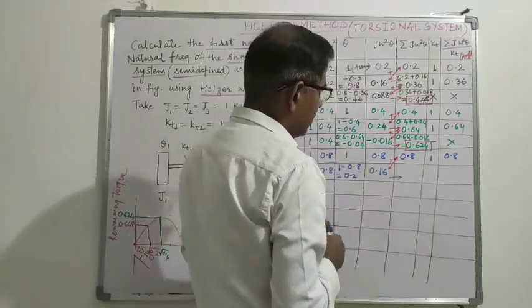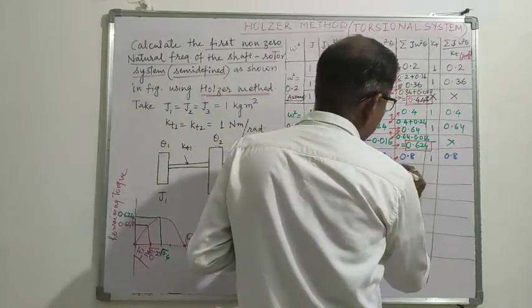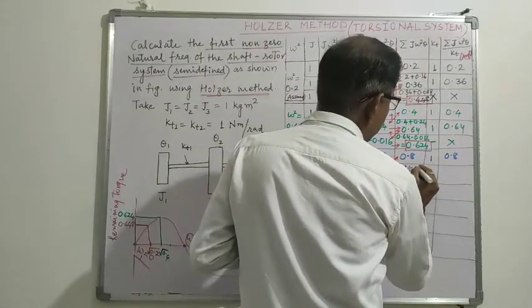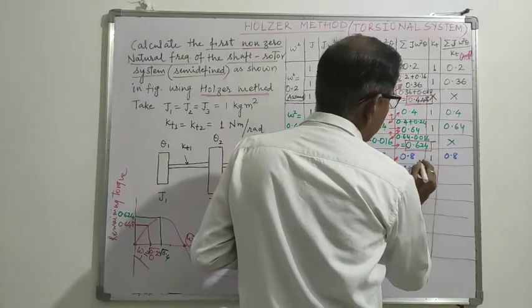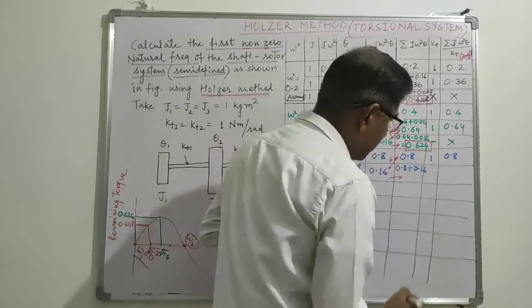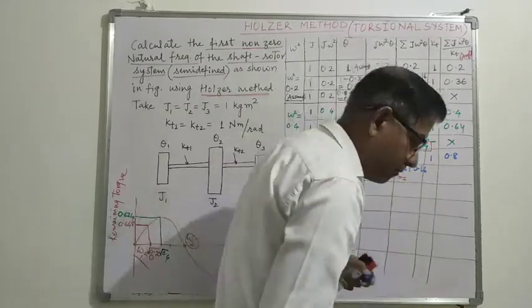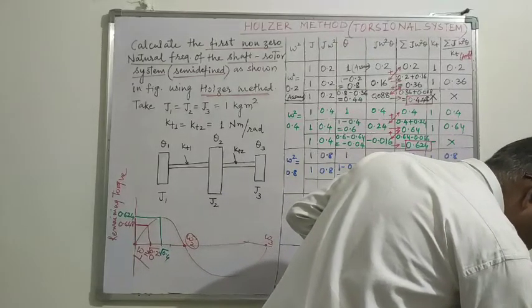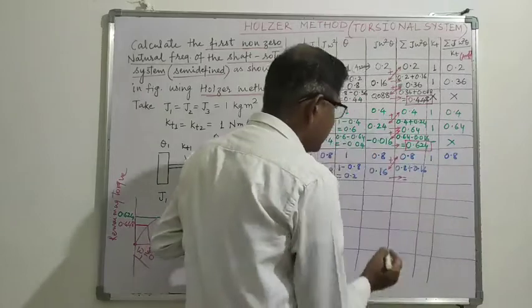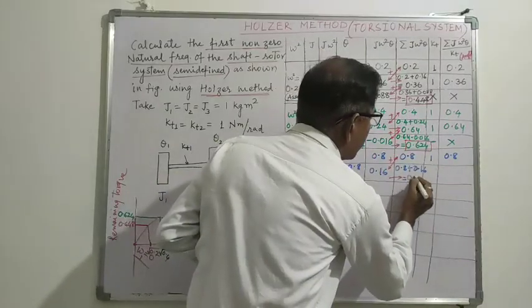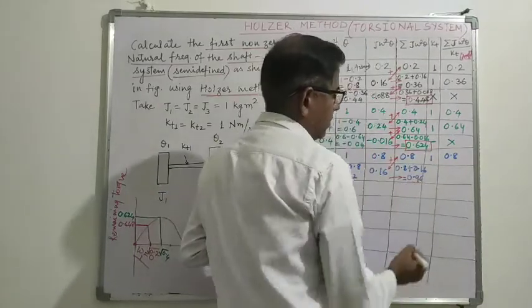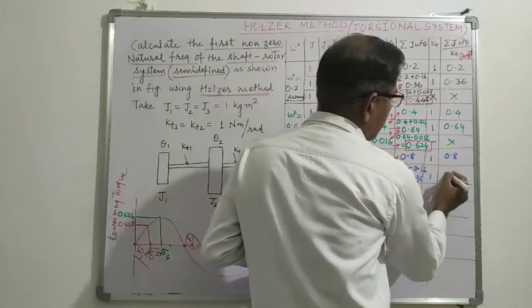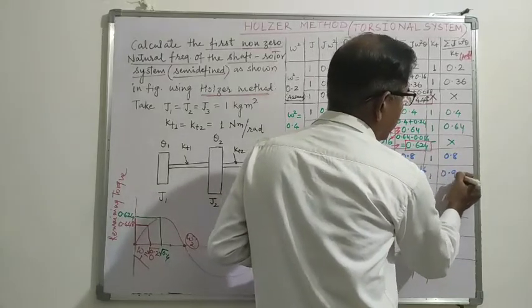So this is 0.8 plus 0.16, so the answer is 0.96. So here it is 1, so the answer is 0.96.